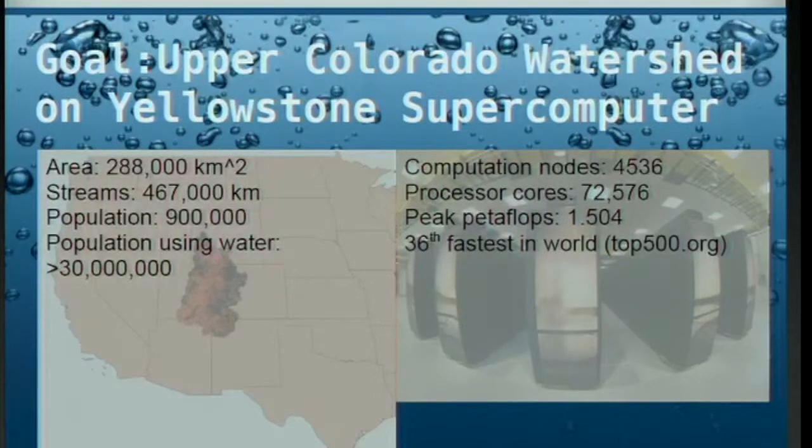And you may have heard that the West is kind of in a bad situation in terms of water. There are some really big questions that have real societal impacts about our little watershed. And Yellowstone, 1.5 peak petaflops. I just looked at the list, and we've been going down the list over time. We're now down to 36th fastest.